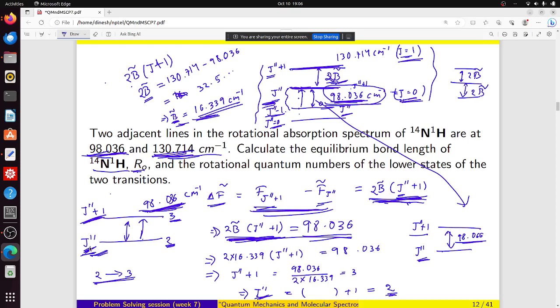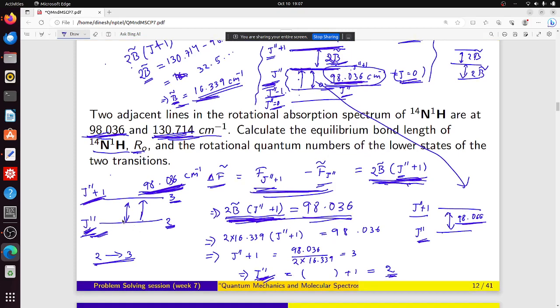So the initial state I took to be j double prime and the final state I took to be j double prime plus 1, and the energy released by this transition is this much. Now I equated both the sides and then I got the value of j double prime.